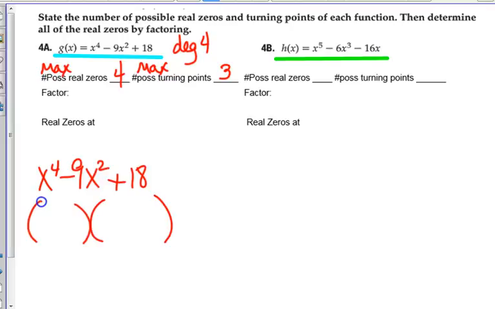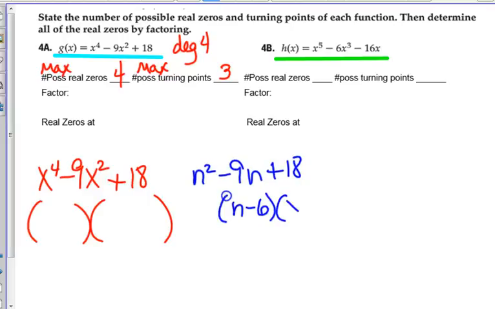We can factor this. Do you remember how this factors? If I pretended this was an n squared squared, and this x squared was just an n, this would factor like -6 and -3, right? So we just have to do that with an x squared and an x squared, and a -6 and a -3.